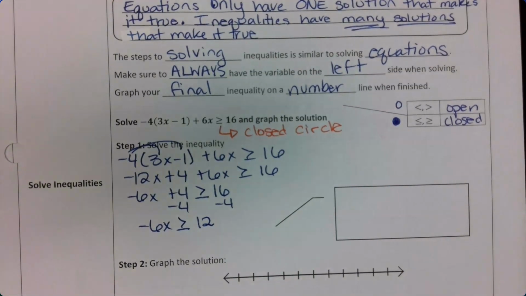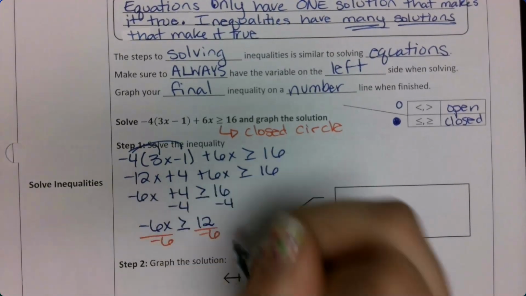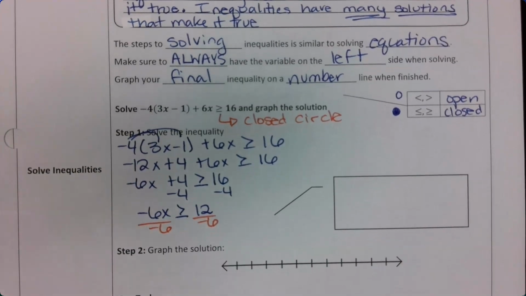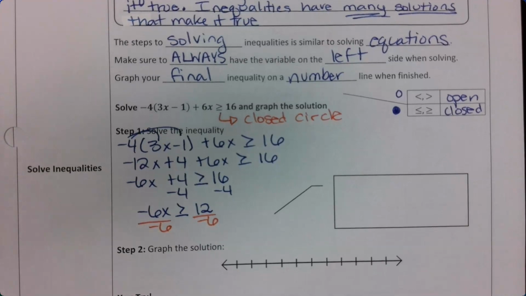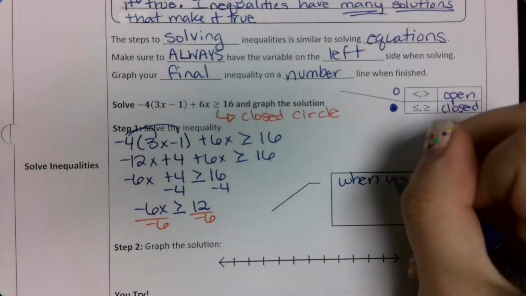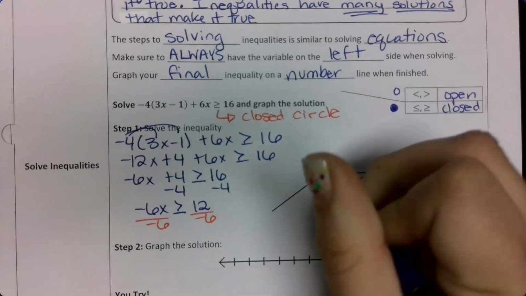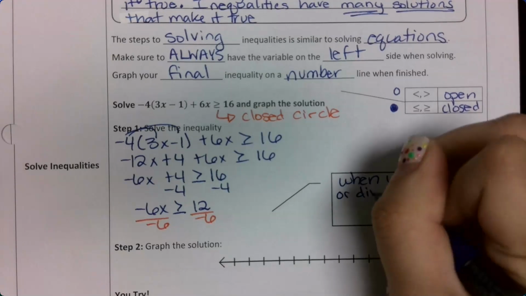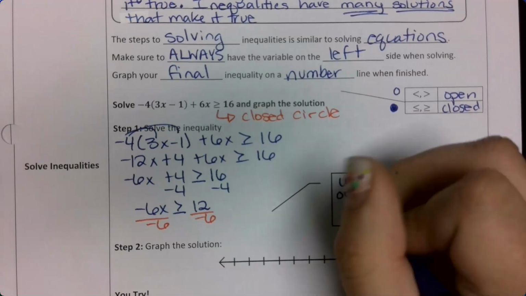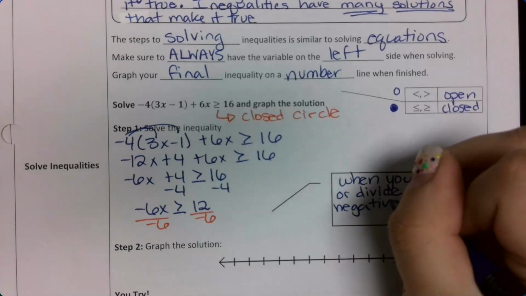Nope. What do I need to do? Okay. Do you guys remember what happens when we divide with negatives and inequalities? Okay. So when we multiply or divide by a negative, you flip the inequality sign.